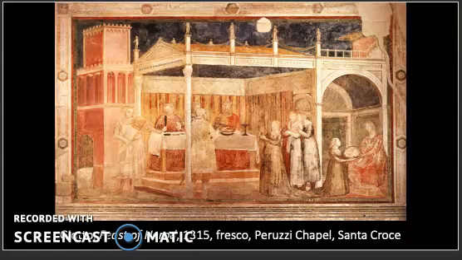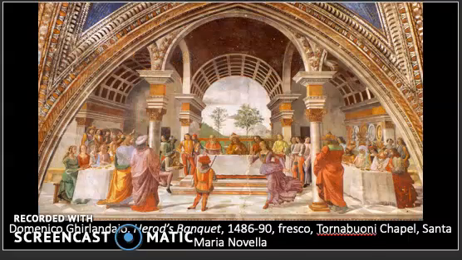I'm sure you're all familiar with this image. Then we also have Domenico Ghirlandaio's Herod's Banquet, found in the Tornabuoni Chapel in Santa Maria Novella, which we visited a few weeks ago with Professor Bourne's class, so I'm sure you all remember this.